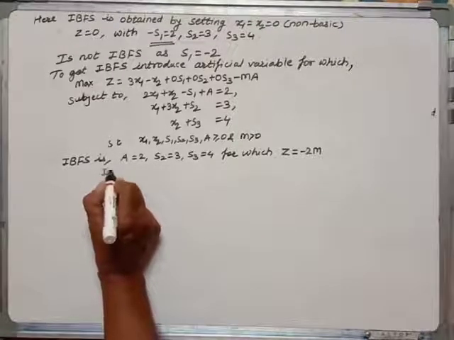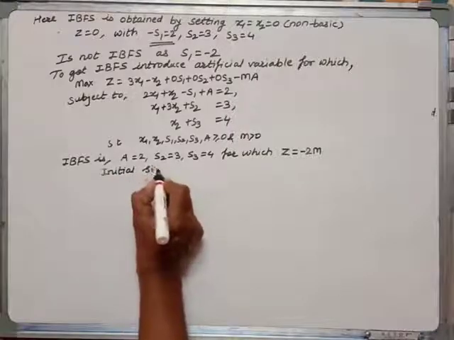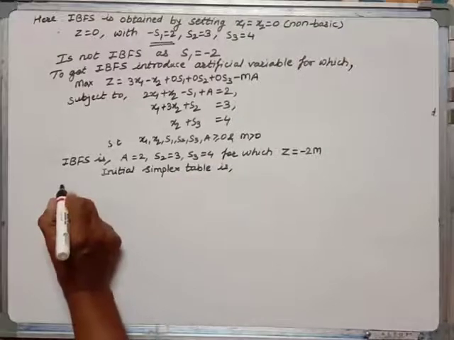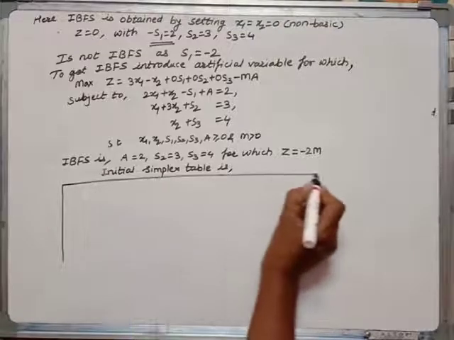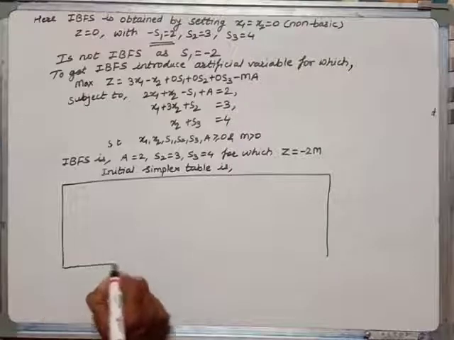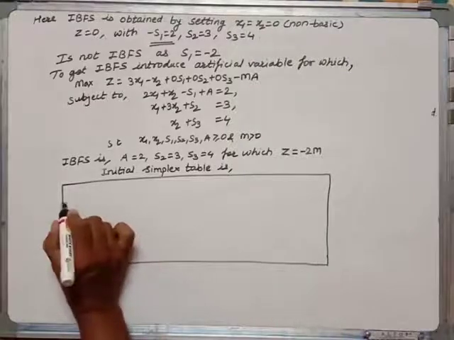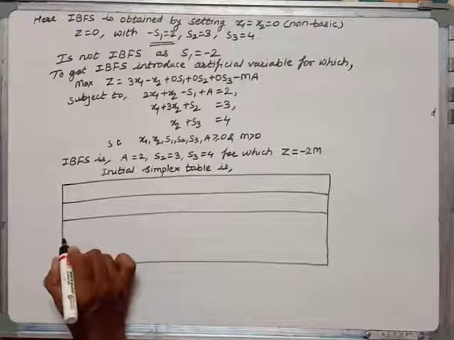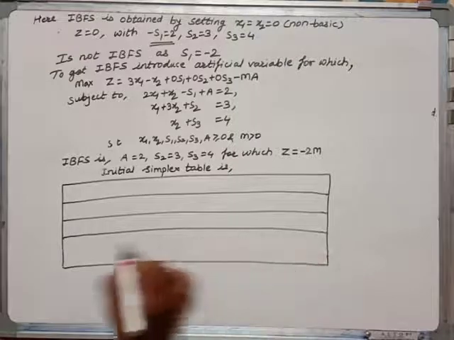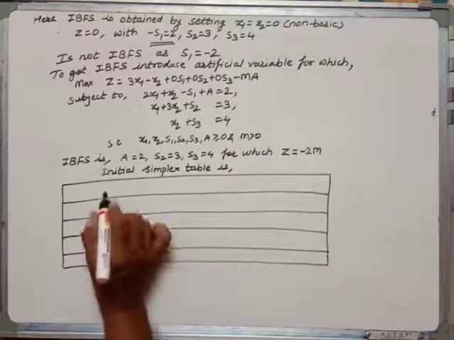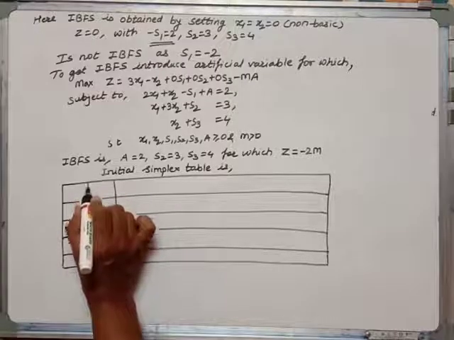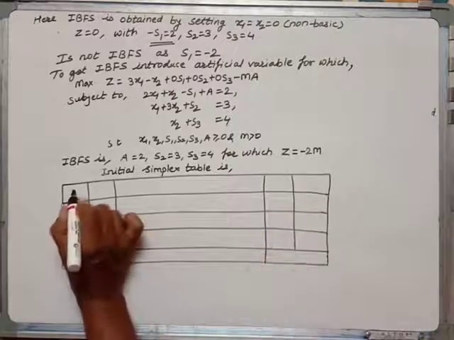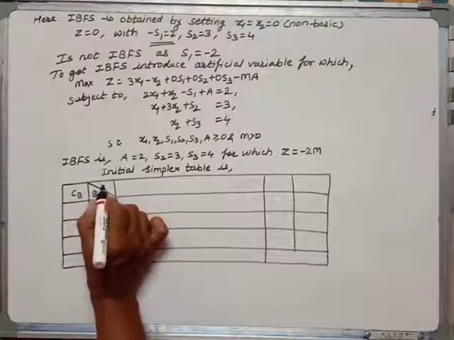Therefore, the initial simplex table will be CB, B, Cj.